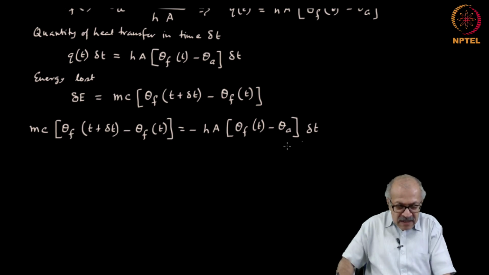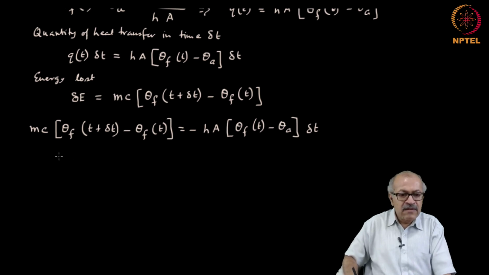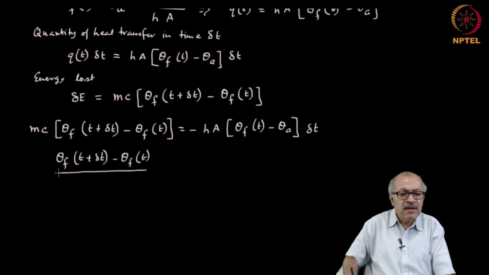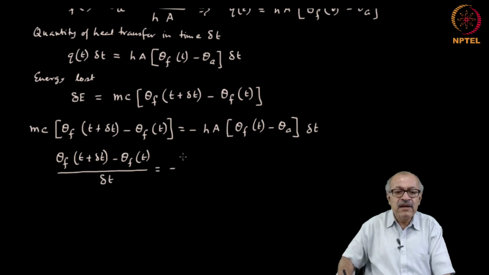Now, let us bring the delta T here and the m c here. So, we have theta f at T plus delta T minus theta f at T by delta T, and on the right hand side it will be minus H A divided by m c, times theta f at T minus theta A. Okay.